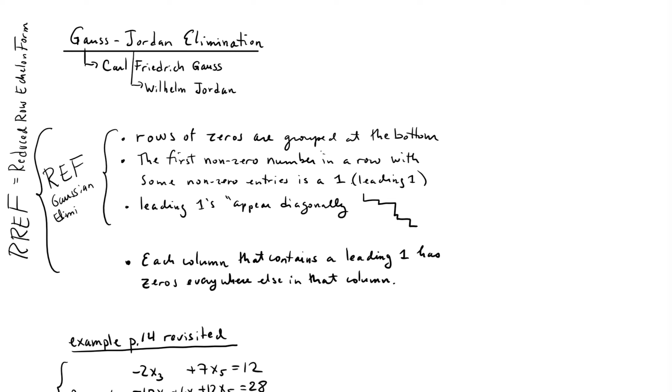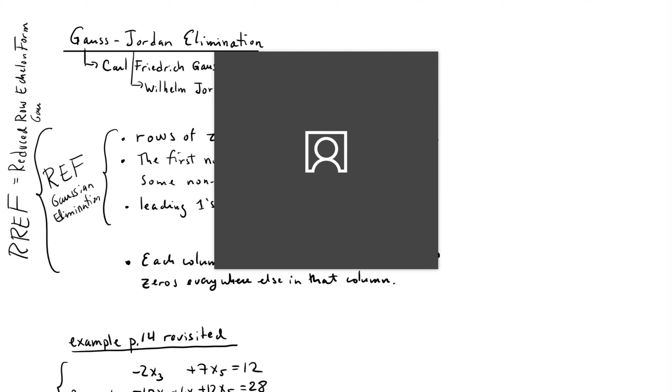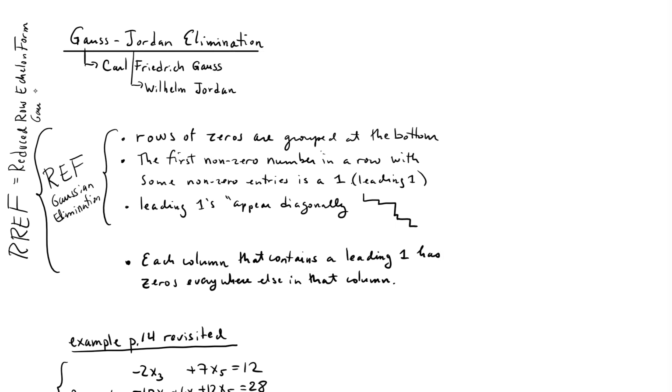There's an E. And the algorithm that will produce a matrix in reduced row echelon form, that's Gauss-Jordan elimination, which is the topic of this video. Okay, so I'll show you how that's performed.